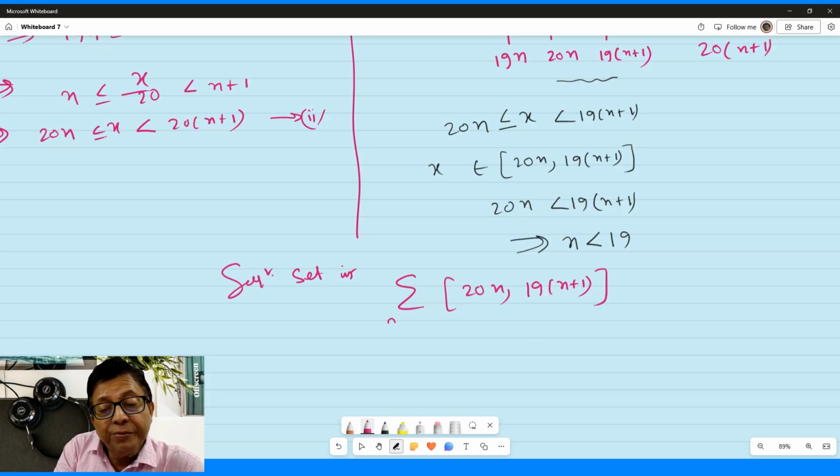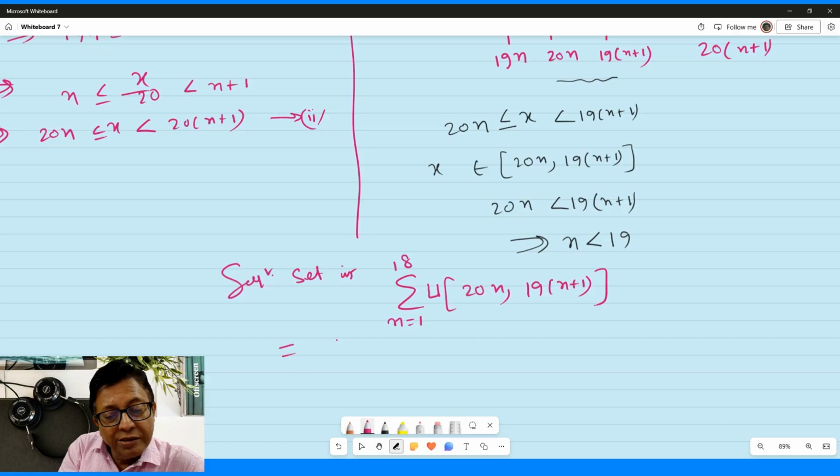And n going from where to where? N going from 1 to 18. Because if you take 19, then this is 380 and this one also 380. So it is actually the union. I wanted to write the union of these intervals. This union runs from n equal to 1 to 18.